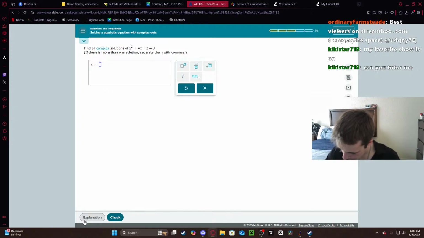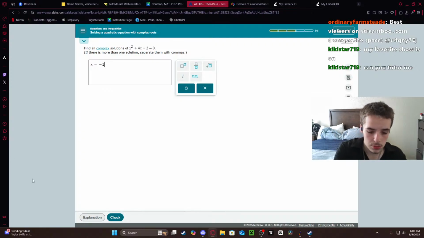Then we've got over 2. So we can factor that out to be negative 4 plus or minus 2 square root 2 over 2. Divide all that by 2, and you've got negative 2 plus or minus square root of 2. So negative 2 plus square root of 2, comma, negative 2 minus square root of 2. Check, check, check.